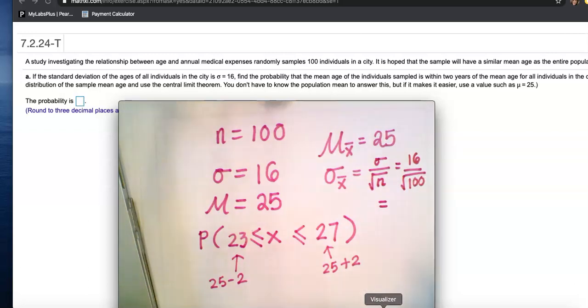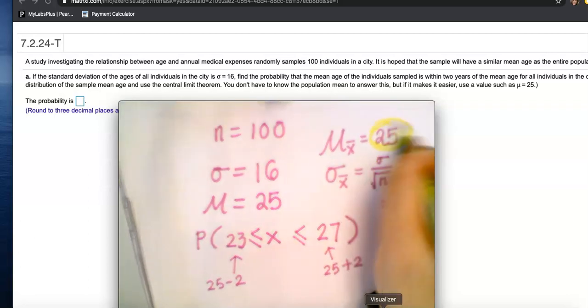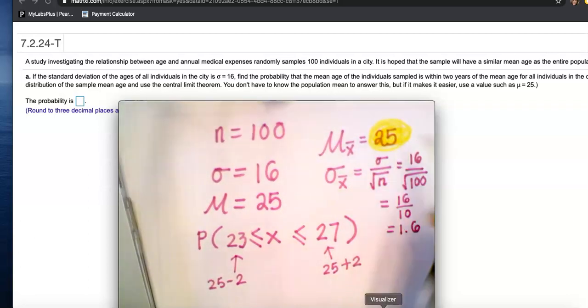If I simplify this, I will get 16 divided by 10, and I can use 1.6 as my standard deviation. I have so many numbers floating around, but all I really need is the number for the mean and the number for the standard deviation, okay?